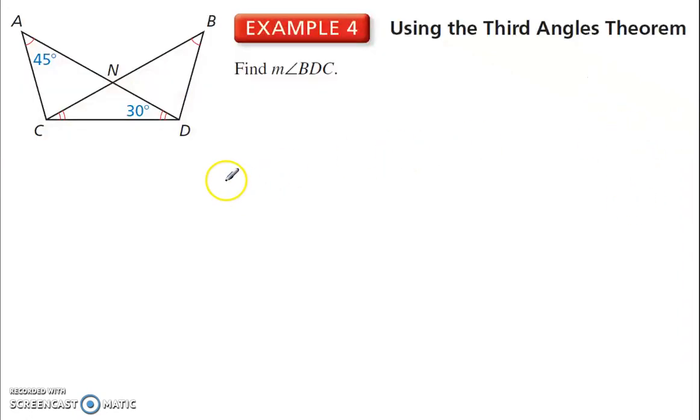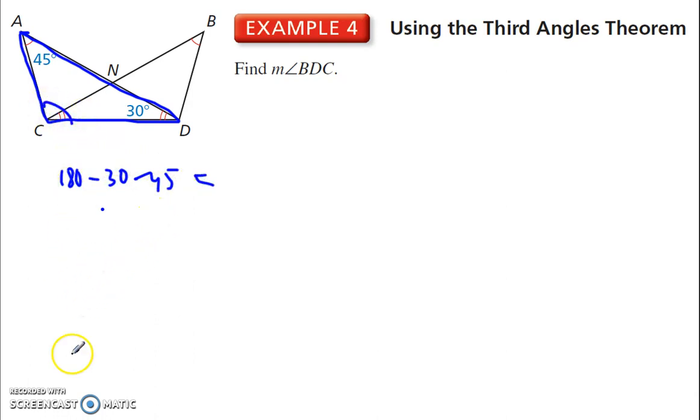Okay, let's use that third angles theorem. At first glance, this can be a little confusing. You think, okay, well, I have a 30 here and a 45 there, but how does that help me? So we can look at this triangle right here where we have two angles. We have 30 and 45, so we do 180 minus 30 minus 45, and that gives us this third angle right here, which is 105.